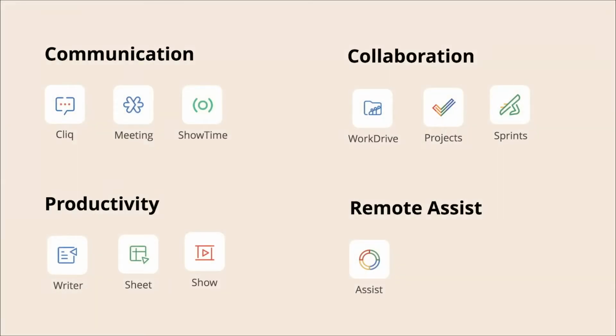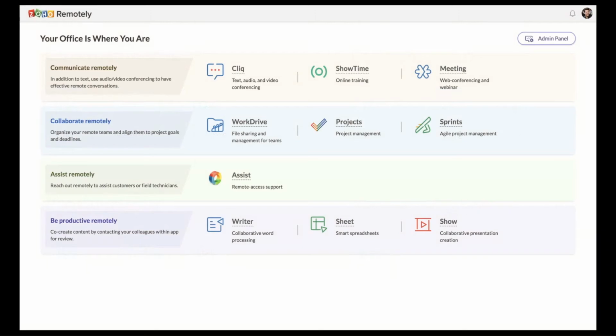Zoho Remotely is a suite of 10 carefully crafted applications which fall under 4 categories: communication, collaboration, remote assistance, and productivity. Click, Meeting, and Showtime are categorized as communication tools. In one of our previous webinars, we have already discussed Zoho Click and Zoho Meeting.